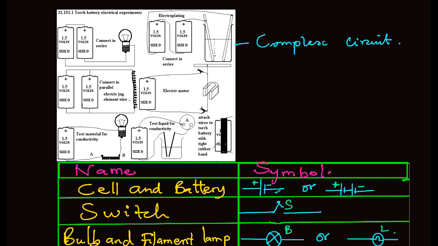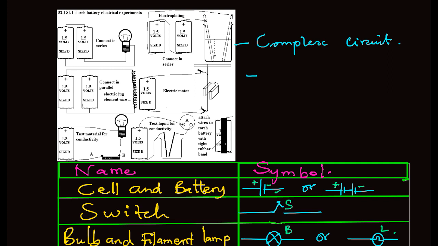We would spend about 10 minutes or 30 minutes drawing a single diagram. For this reason, we do use symbols to represent such devices in circuits, so that instead of drawing the whole diagrams, we use specific symbols to represent the same.